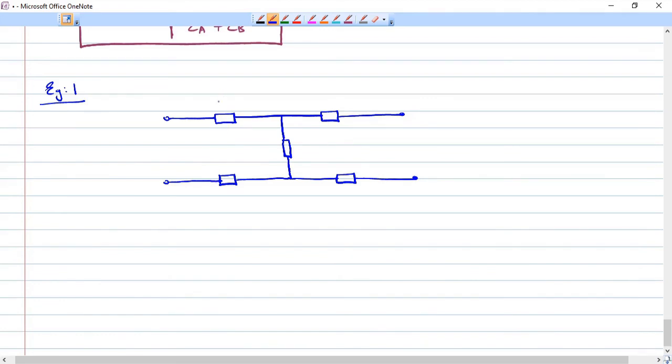So the impedance values are given as 100 ohm, so this should also be 100 ohm, and the other one is 300 ohm, and this should also be 300 ohm. The shunt arm impedance is 600 ohm. So we have a balanced asymmetrical T network. Okay, and we have to find out the image impedances.